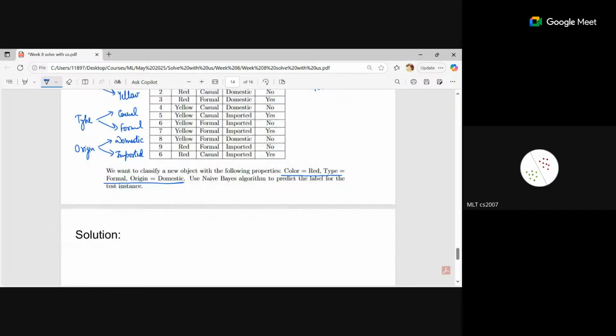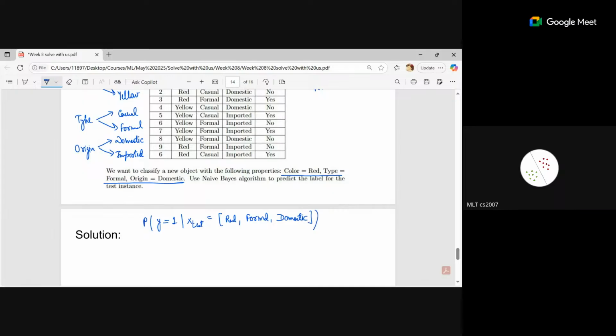So you need to check probability y is equal to 1, which is yes, given that x test is equal to red, formal, and domestic.